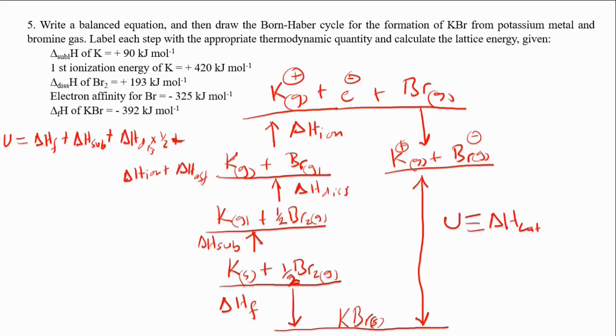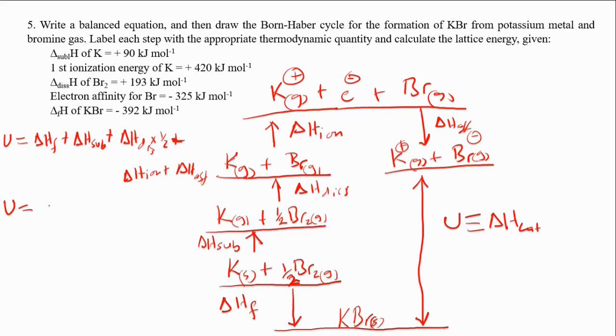I didn't even put it here. Let's put it. Delta H AFF, affinity. So let's see if we can work this value out. We say that U is equal to, well, we can put them in any order we like.